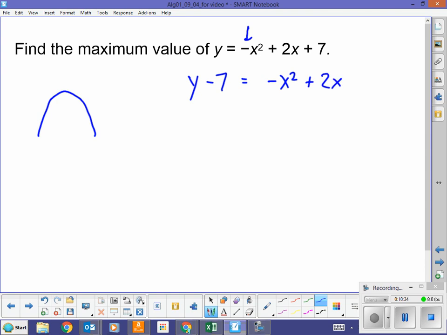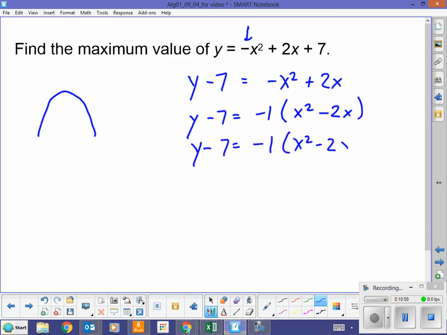And then the important thing with this one, and I'm not going to finish the whole thing here to save video time, is before we complete the square, we factor out that -1. So this becomes x² - 2x. Okay. And then when I complete the square now, I'll have x² - 2x. Half of 2 is 1, and 1 squared is 1. So I'm going to add 1 there.